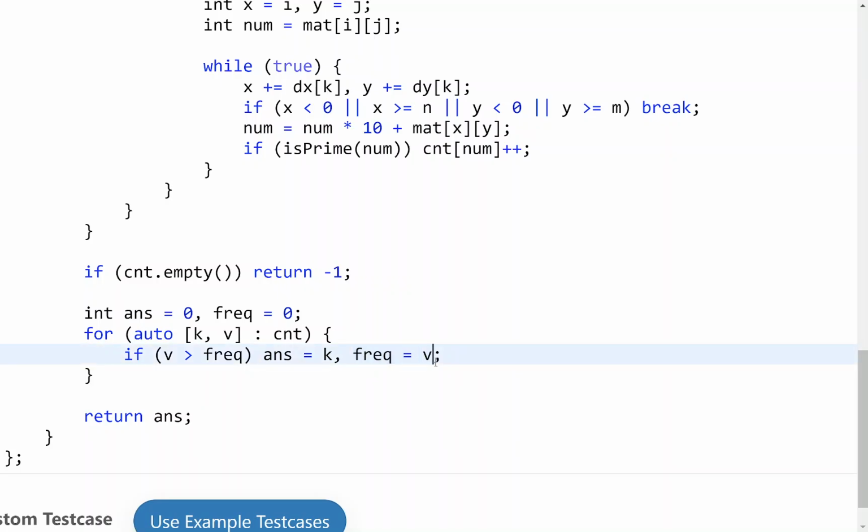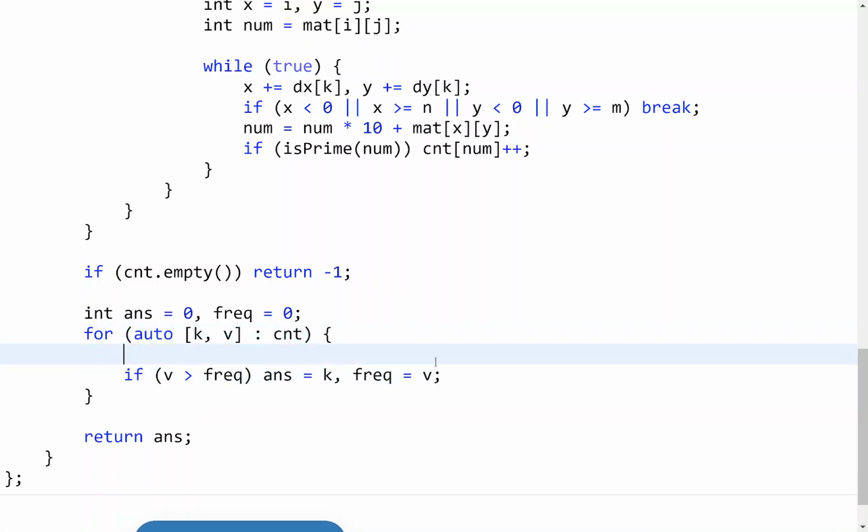In this way, you can find the number with the maximum frequency, but we have to find the number with the maximum frequency, and among those, the largest number. So for that I can have a case here: if the frequency of the current number is equal to the frequency, I will say answer is equal to max of answer and k. You can write it like this, it will also work.